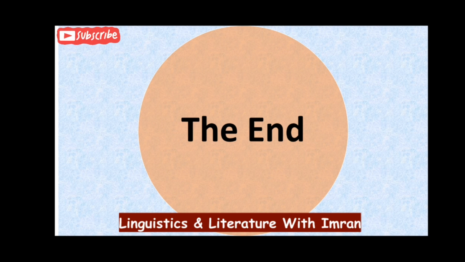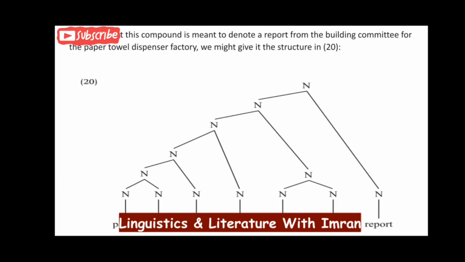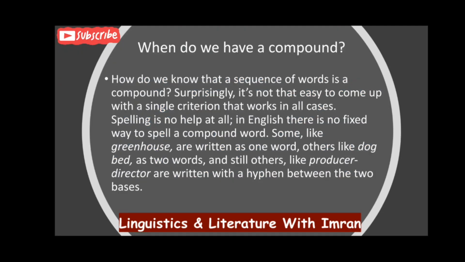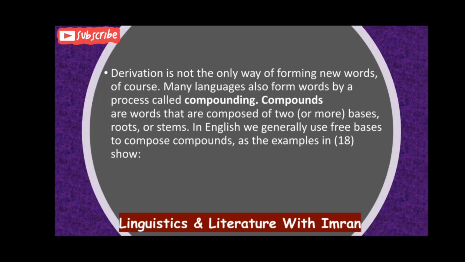That was the end of this lecture, and here we discussed in detail what a compound is and how we spell a compound. In previous lectures I discussed how new words are formed in English, and we discussed this with the help of derivation. And here we learned that derivation is not the only way that we can create new words, but we also have the process of compounding. So we learned that compounds are spelled in three different ways.